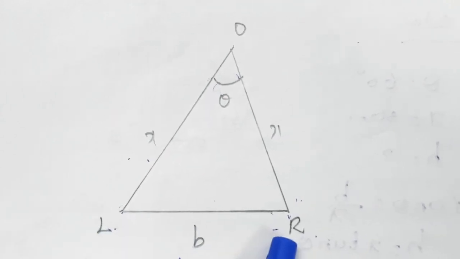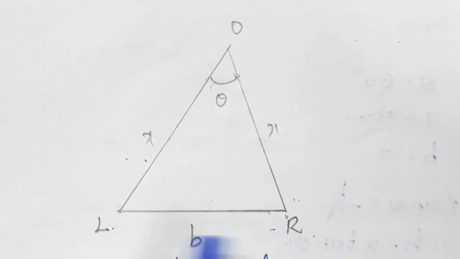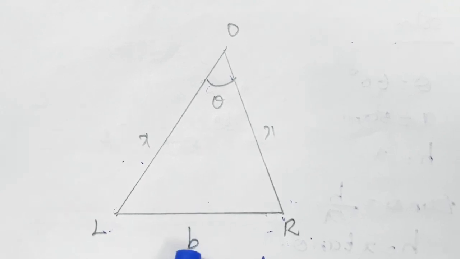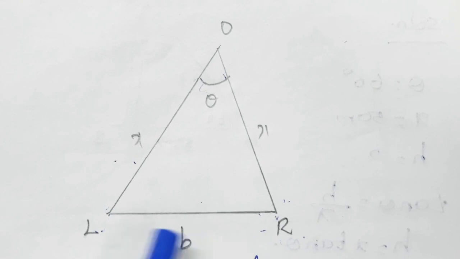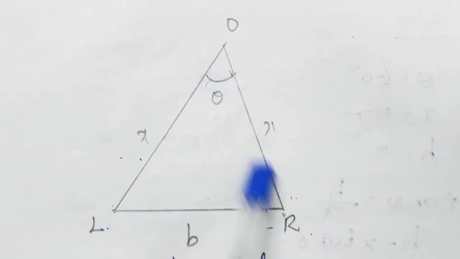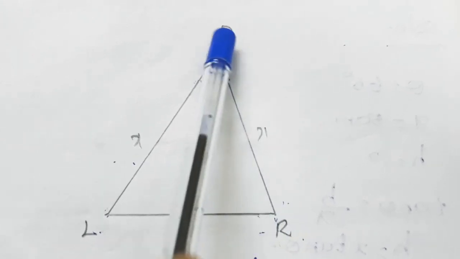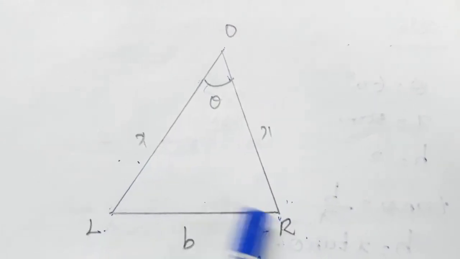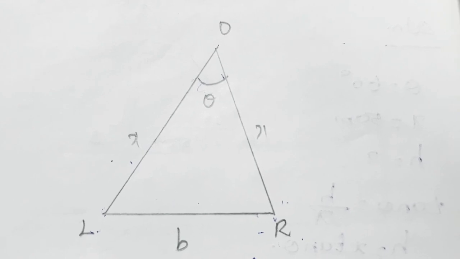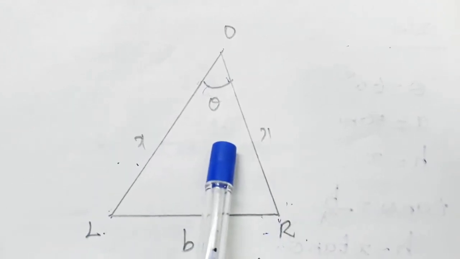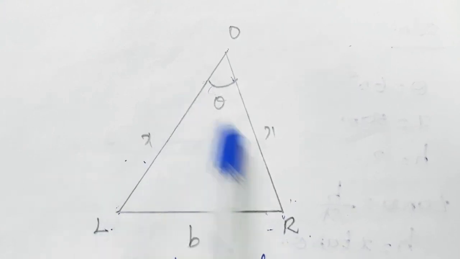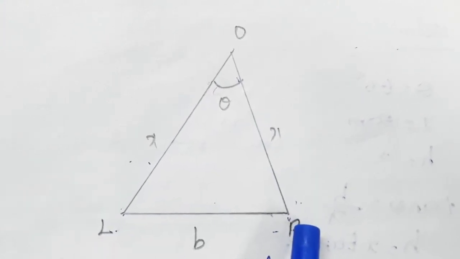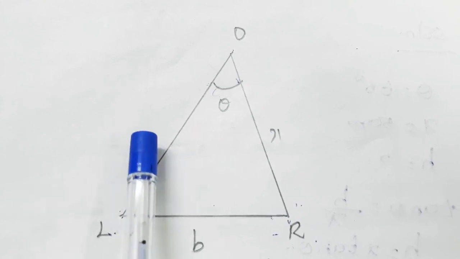LR is the arc length, that is nothing but the basis B. And the radius, that is LO, is equal to RO, so LO equals RO equals X. So LOR is the parallax angle, LR is the arc length B, and LO equals X is the radius. From this we have to calculate the value of X.